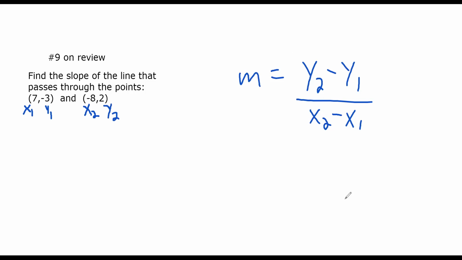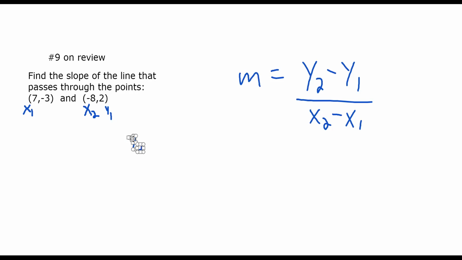What I will say is there's a couple easy mistakes. And when I say easy, I mean it's easy to make these mistakes, but they're still wrong. One mistake is to accidentally get your wires crossed. And even if you don't write it down like this, I've seen this mistake all the time. No, that's bad. Don't do that. You want your x1 and y1 to come from the same point.